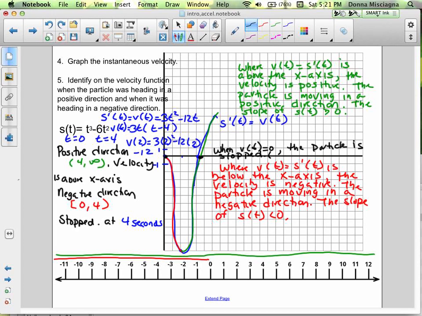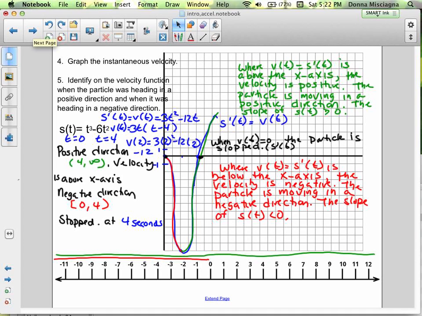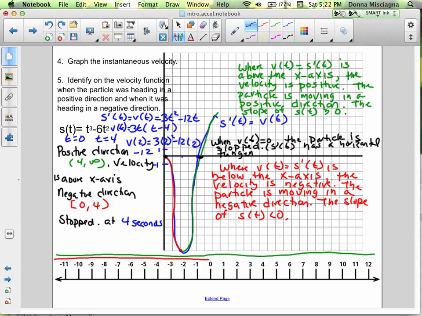If we look back at our graph, s of t, let me move it up just a little bit. It has a horizontal tangent line. So that is something important to note. All right, so here the particle hasn't started yet.